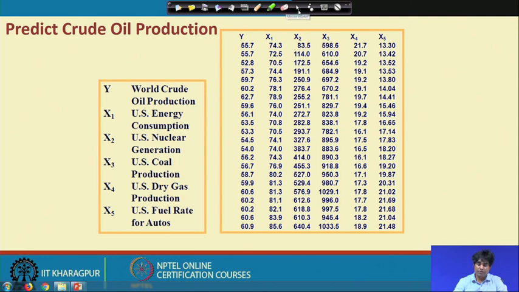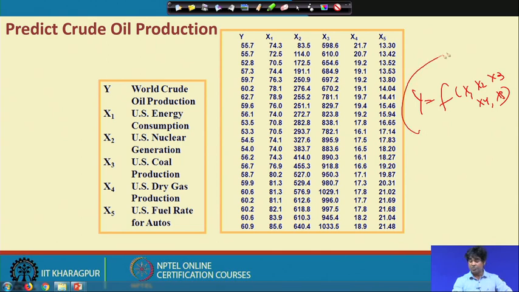In the first instance, if you build the model, we will have a system like this: y equal to a function of x1, x2, x3, x4 and x5. But there is a high chance that all these 5 variables may not be in the final setup because of this multicollinearity problem.